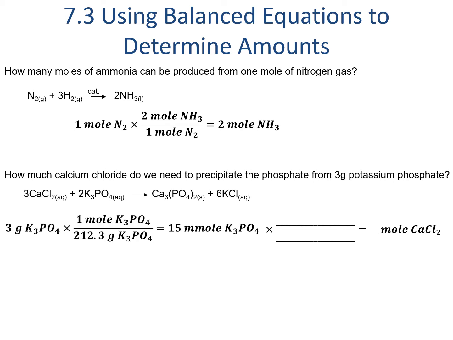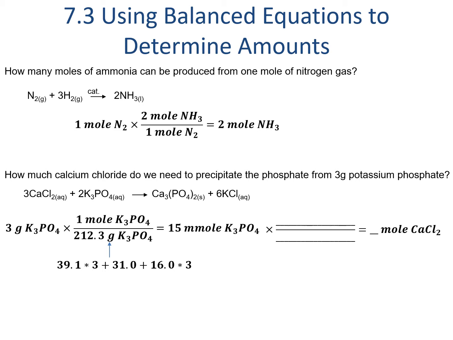We should have 1 mole of potassium phosphate over 212.3 grams of potassium phosphate, which we get by adding up the atomic weights of each component: 3 times 39.1 for potassium, 31.0 for phosphorus, and 4 times 16.0 for oxygen.